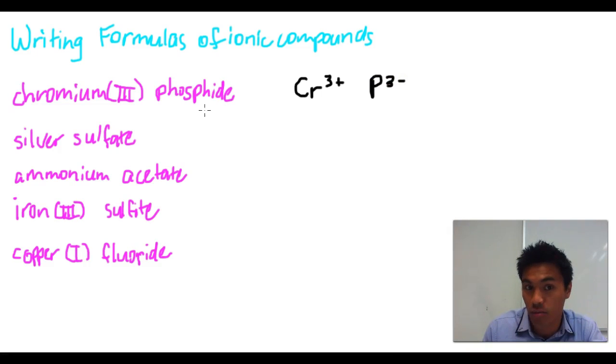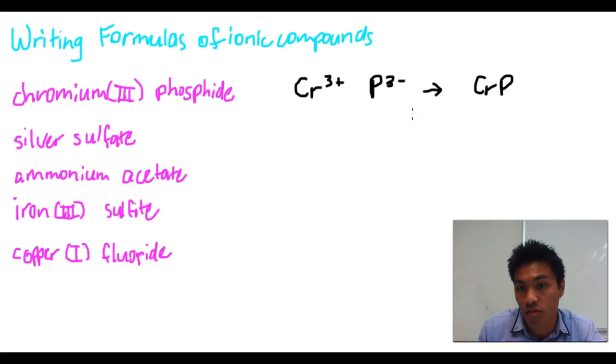If it's phosphate, then it would be PO4, 3 negative as well, but phosphide is phosphorus by itself. So they neutralize each other to make a neutral compound, and we don't need to multiply either of them. So the compound will just be CrP, chromium phosphide.